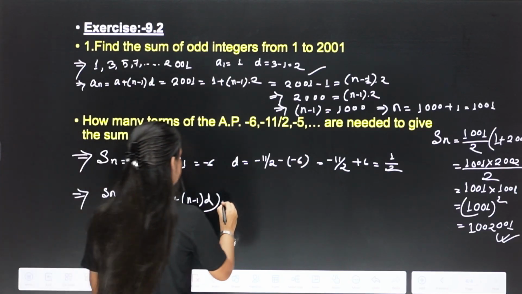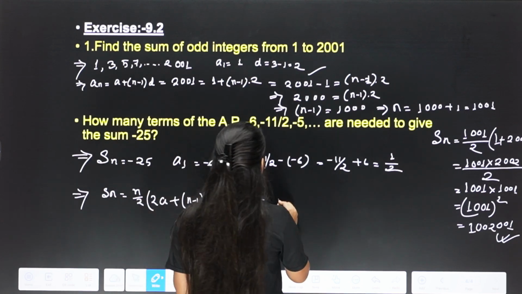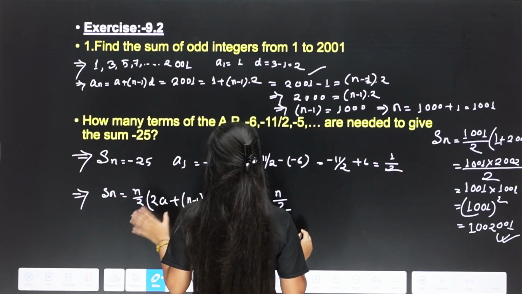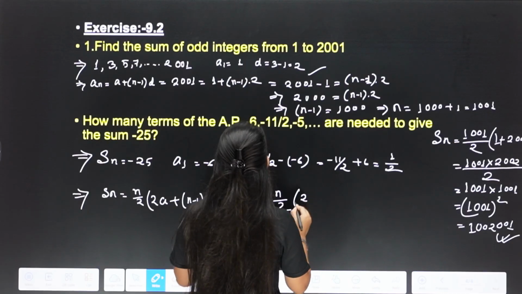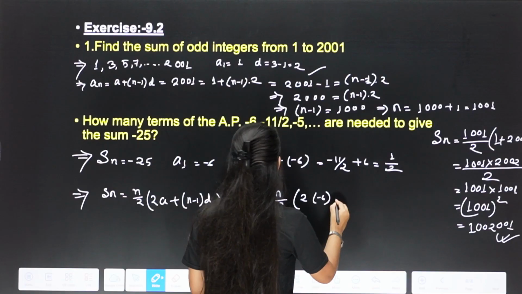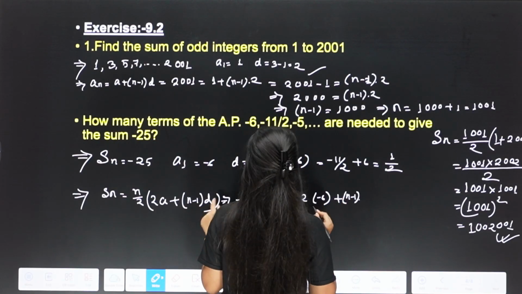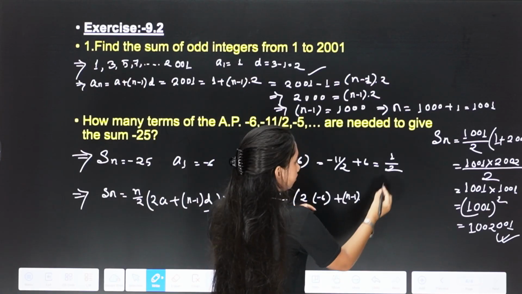So here Sn is equal to minus 25 and n is not given, we are asked to find n. Then what is the first term? First term is minus 6, that is 2 into minus 6, plus n minus 1 into d. What is d? d is 1 by 2.